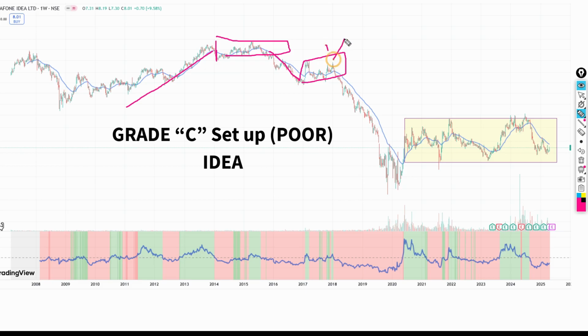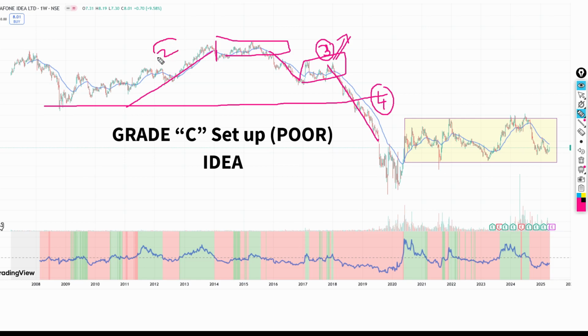And then instead of breaking up, it started to fall down, and then it reached stage 4. So this decline has happened, completely breaking the previous stage. Okay, this is the previous stage 2. This stage has been completely broken, and now the stock is trending down. Now this is forming a stage 1 type structure, right?